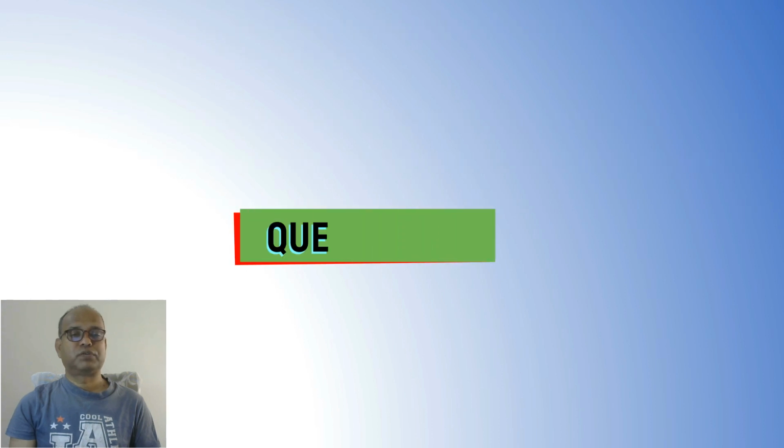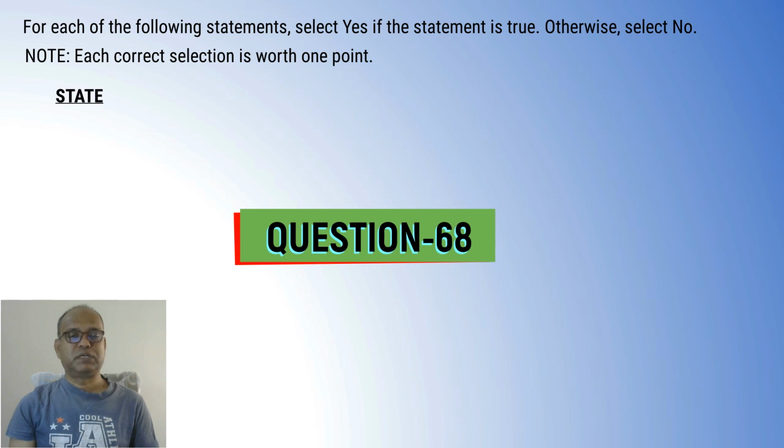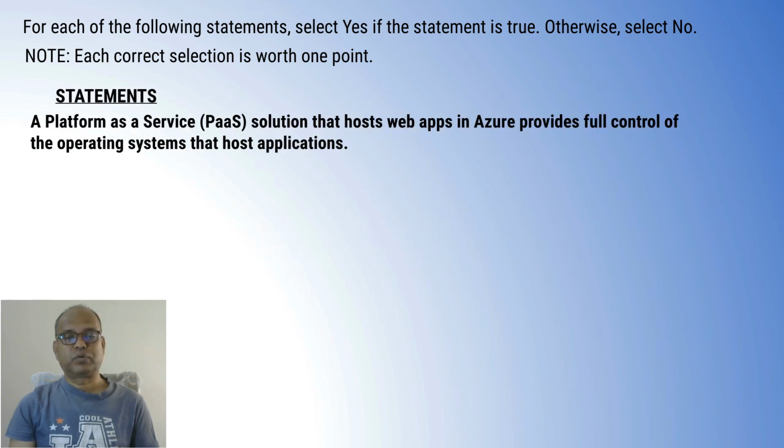Move to the next question. Question number 68. For each of the following statements, select yes if the statement is true. Otherwise, select no. Note, each correct selection is worth 1 point. Statements. A Platform as a Service (PaaS) solution that hosts web apps in Azure provides full control of the operating systems that host applications.